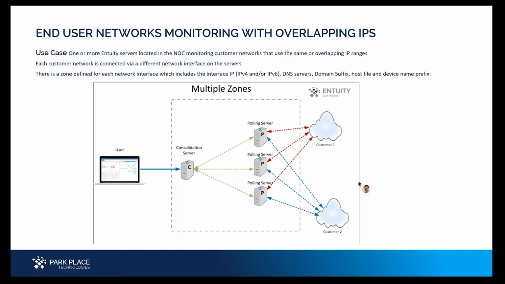For example, maybe both of these customers have allocated their IP addresses in the 10 dot range, or maybe the 192.168 IP range. At that point, it's fairly obvious that you cannot just simply route as normal from the polling servers to the customer networks. There is ambiguity between them.